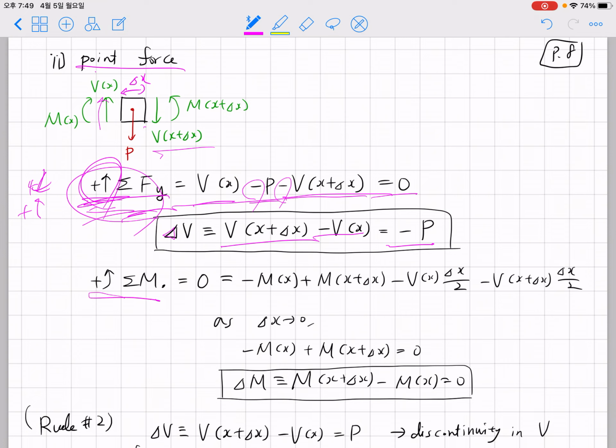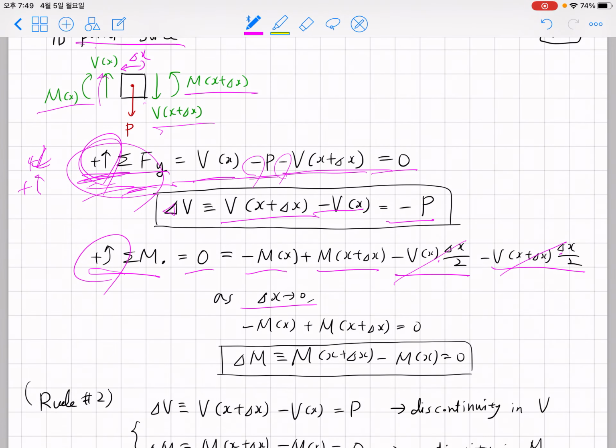And regarding the moment, let's take counterclockwise as the positive sign and moment summed up to be 0, and we have mx and mx plus delta x, and we have vx multiplied by delta x and vx plus delta x multiplied by delta x. What we realize here is that as delta x goes to 0, this term and this term become almost 0 compared to the difference between mx plus delta x and mx.